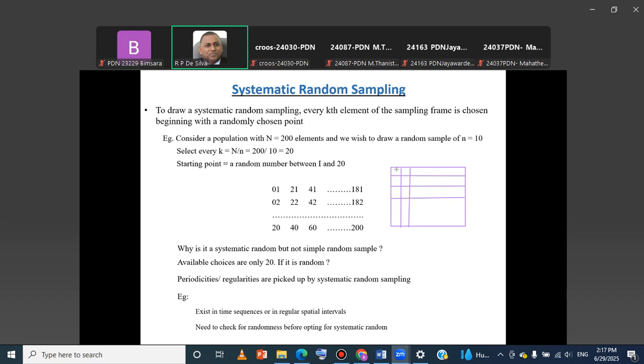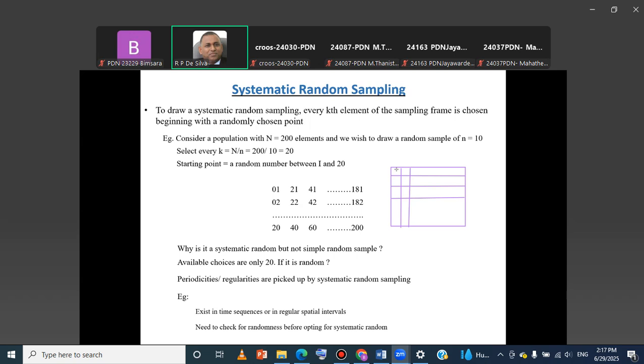So you take the 5th sample, the 25th sample, the 45th sample, the 65th sample, the 85th sample, likewise until you complete your total number. So that is a systematic component built in on the random sampling.